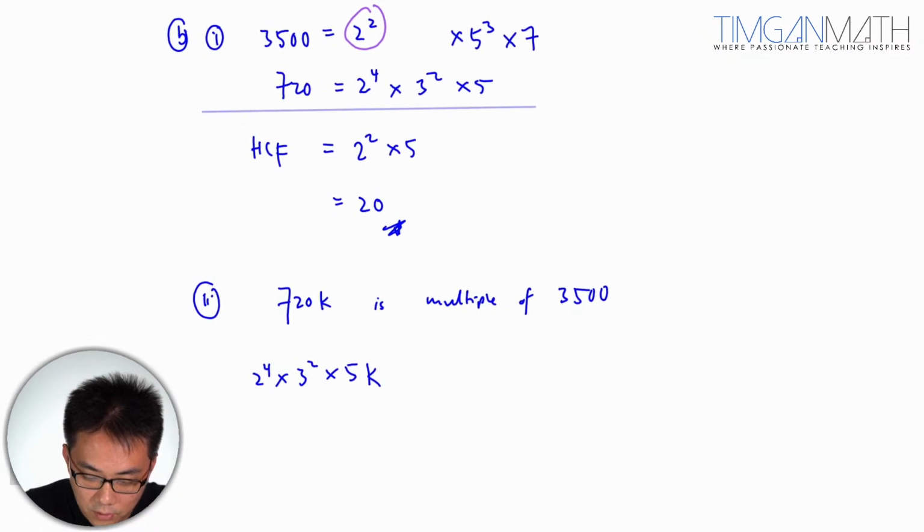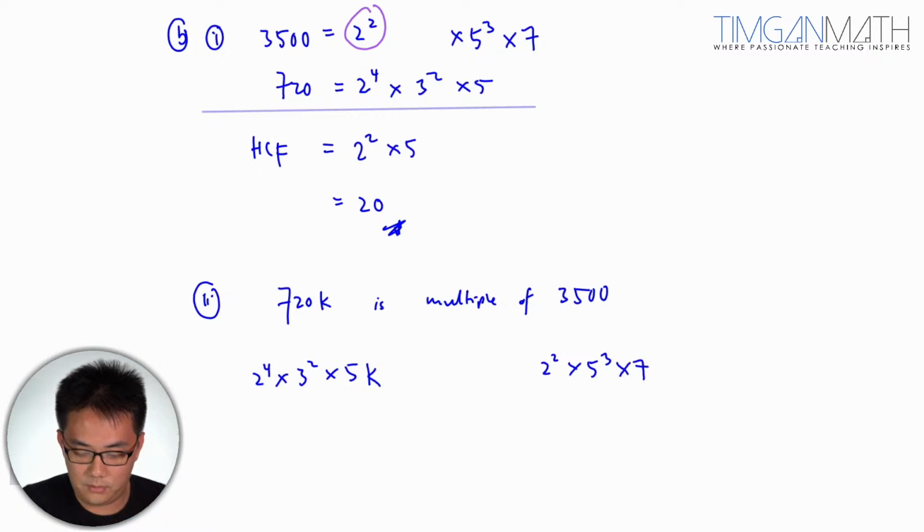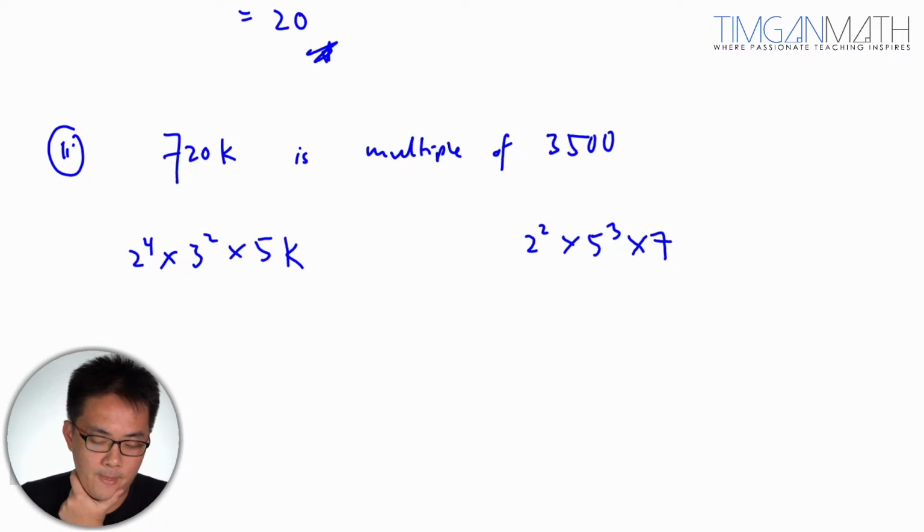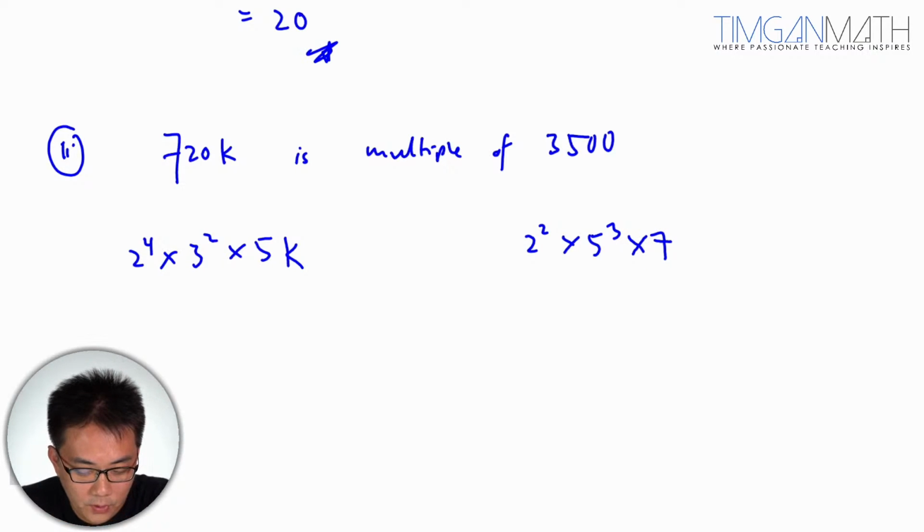So 3500 will be 2 squared times 5 cubed times 7. All right. So that's how we're going to do that. A multiple of this.